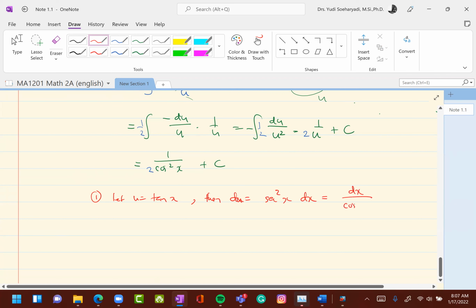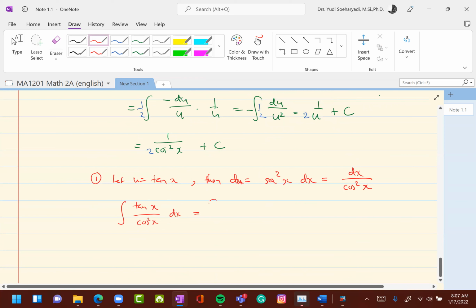So in our problem, let's see, what is that? Tangent over cosine. Write this down as this one here. Well, this is du.